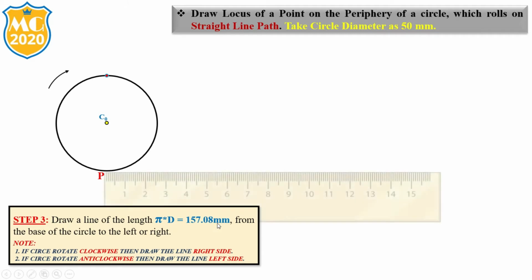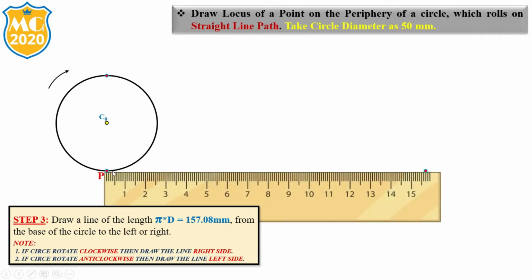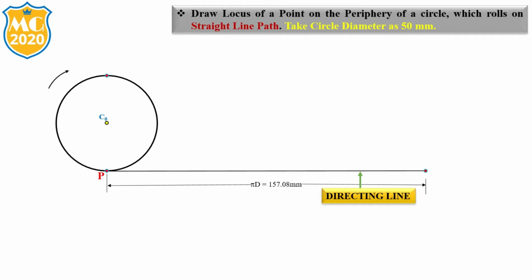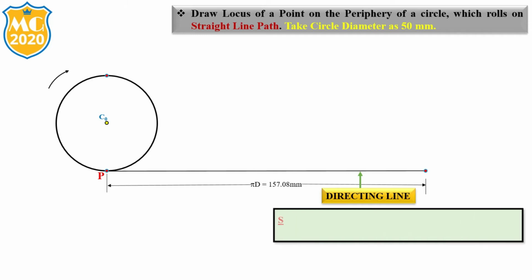Okay, so this is the generating point. So this is the distance 157.08 mm. Now we have to draw the straight line. Okay, so this, we can also say, is the directing line. Now this circle we have to divide into 12 equal parts.